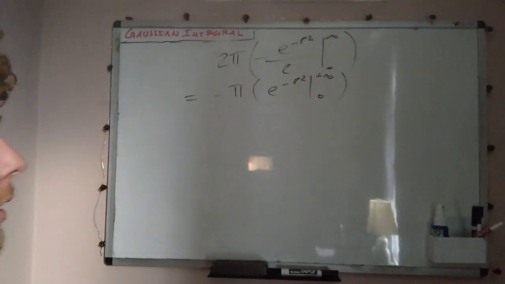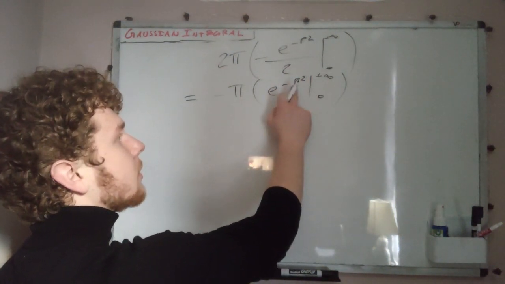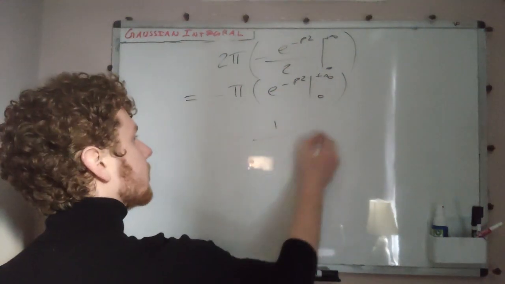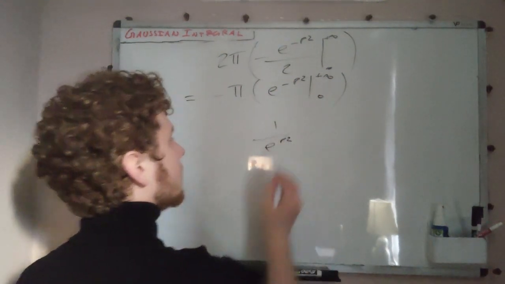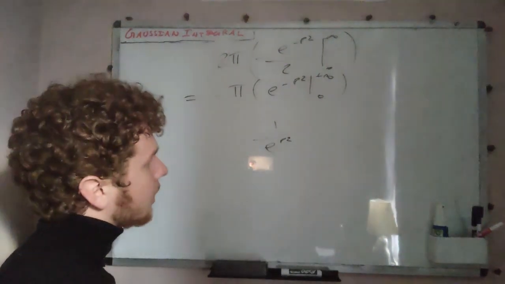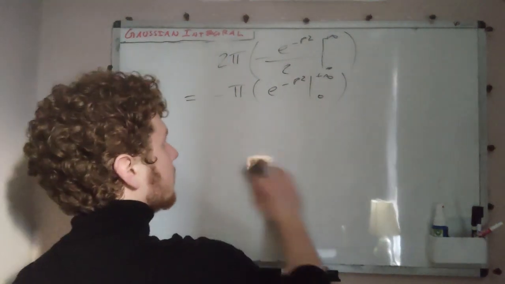Now you can evaluate this however you like, but if you think about it, if you evaluate e to the negative r squared and increase r exponentially, this is going to be 1 over e to the r squared. And as this increases indefinitely to infinity, this whole piece is going to become 0, because it's 1 over a very large number, which is 0.